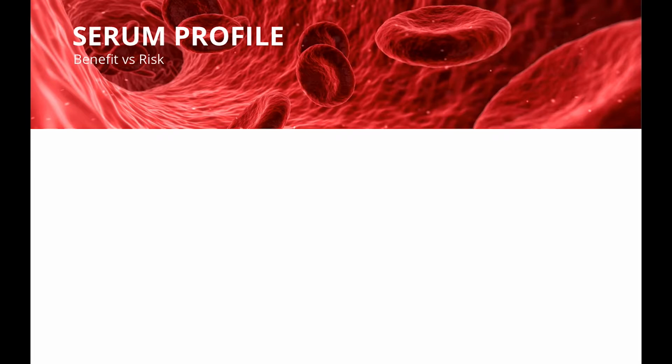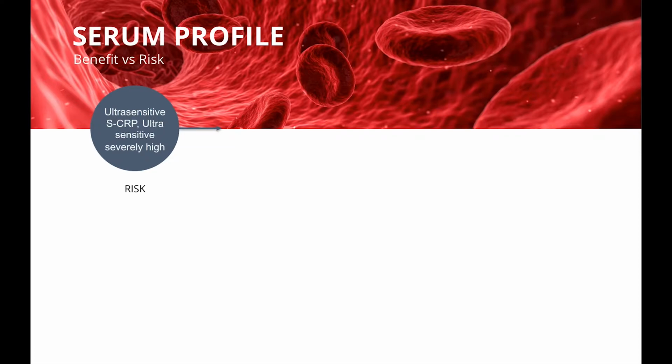A CRP test will tell you whether you have an excessive level of what they call systemic inflammation. Now, remember we spoke earlier, and you have acute inflammation when there's injury, and you have systemic inflammation. This is that smoldering inflammation in the system that just continues to grow. Now, your CRP level also indicates your risk of various other diseases.